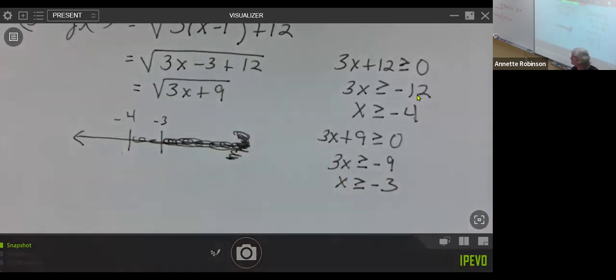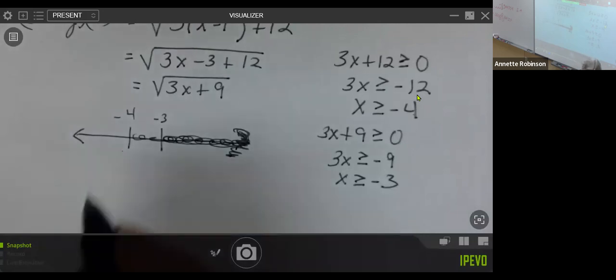Oh, I mean union. What's not shaded? All of those that are less than negative 4. So that means, and I can't use negative, oh yeah, I can use. No, I cannot use negative 4.